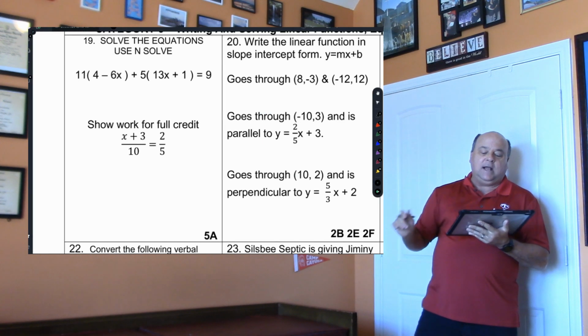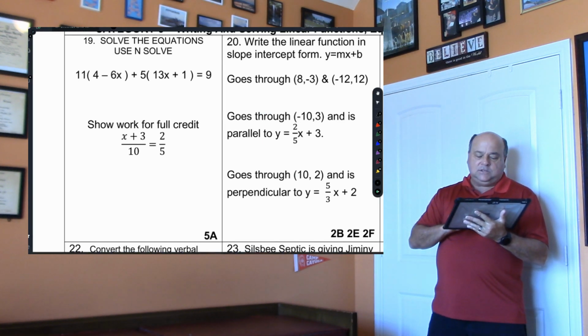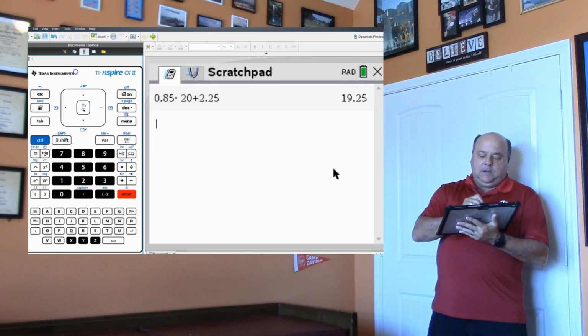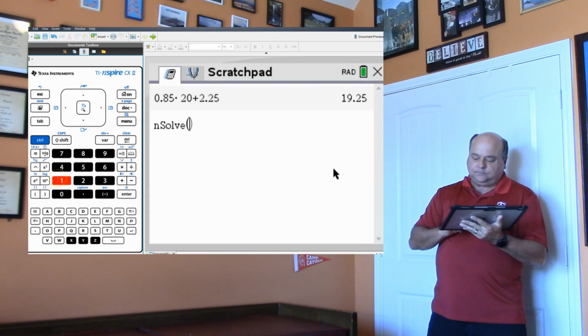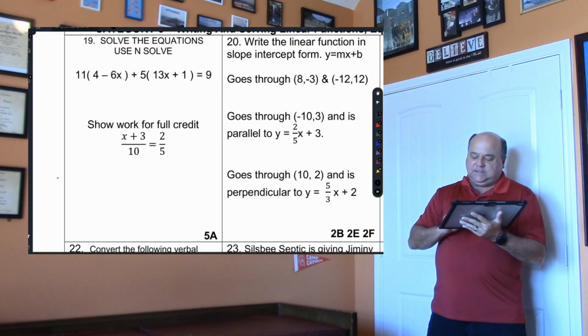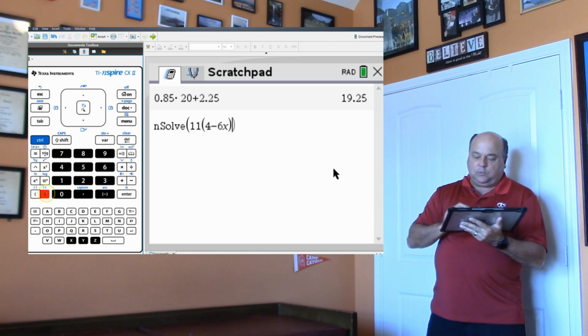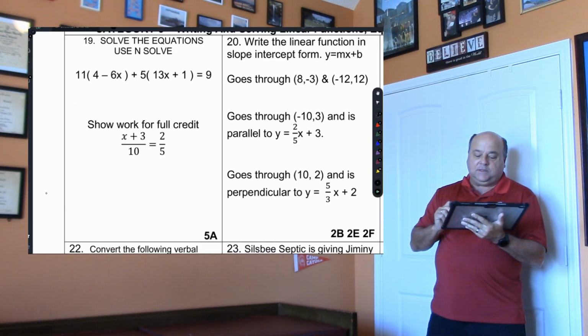Let's go over here to number 19. You're going to put this into InSolve. So I'm going to go in here, menu, 3, 1. And then I need 11 parentheses, 4 minus 6x, close the parentheses. Keep that other parentheses there.